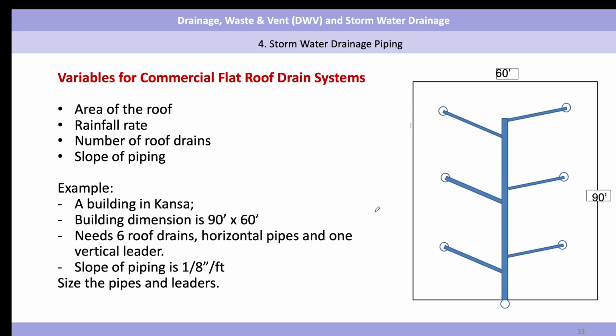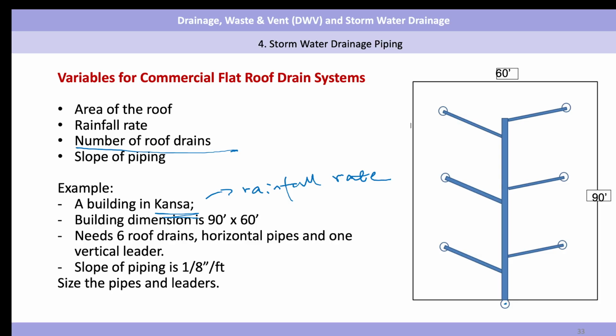So let's see an example of how to find the appropriate size. Example: a building in Kansas. That means we know the location, so we can find the rainfall rate, check the code. Building dimensions: for the flat roof, we know we need 6 roof drains, horizontal pipes, and 1 vertical leader.